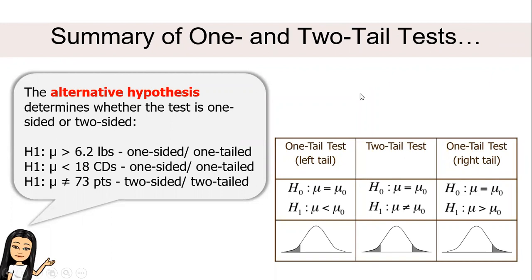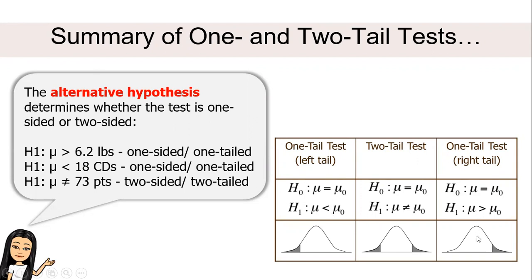And so, if you could see from here, we have a summary of one- and two-tailed tests. The alternative hypothesis determines whether the test is in fact one-sided or two-sided. In the first example I gave you, your alternative hypothesis was that your population mean is greater than 6.2 pounds. This is an example of a one-sided or one-tailed test, like here, greater than.